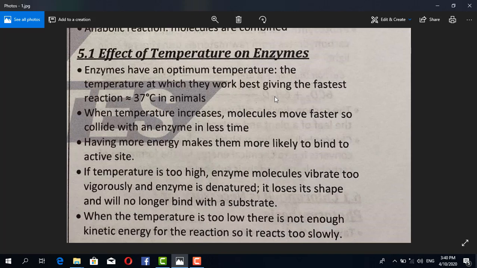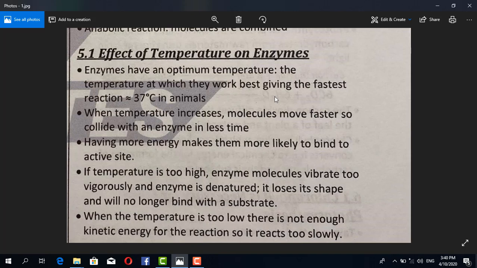If it's below 37 degrees, the enzymes will go through a slow sort of activity. But if it's more than 38, 39 or 40, or let's say even up to 45, the enzyme will go through a process which we call denaturation.